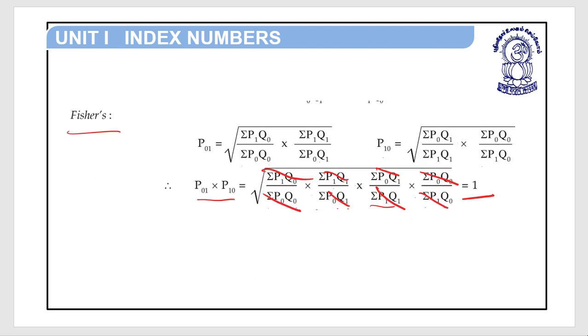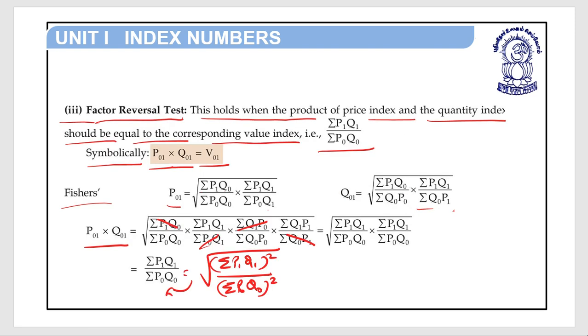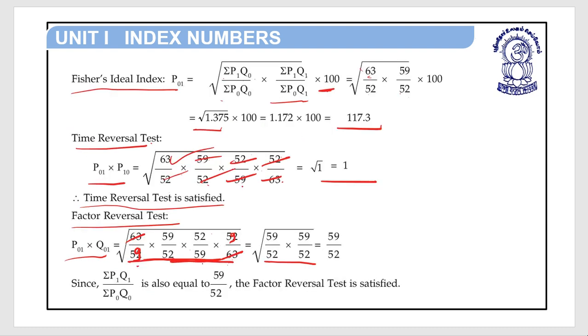Fisher's formula is this one: sigma P1 Q0 upon sigma P0 Q0 into sigma P1 Q1, or you can directly write sigma P1 Q1 divided by sigma P0 Q0. So no need to write the formula.